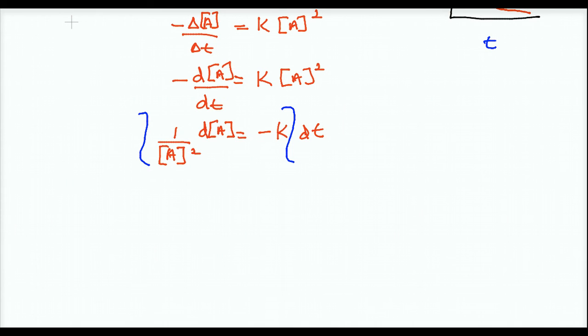Okay, when we integrate, we're going from some time period, from the initial, A of 0. This is time of 0, and time t. And what we get is 1 over A squared, and that's another function.